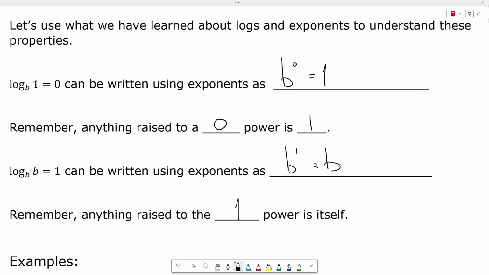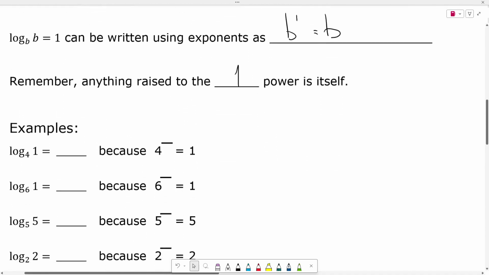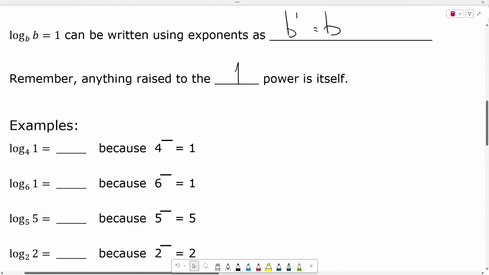So looking at some examples here, going through these. Here it says log base 4 of 1 is equal to, that would be 0. So remember, this piece right here is what the total has to come out to be, because 4 to the 0 power is 1.